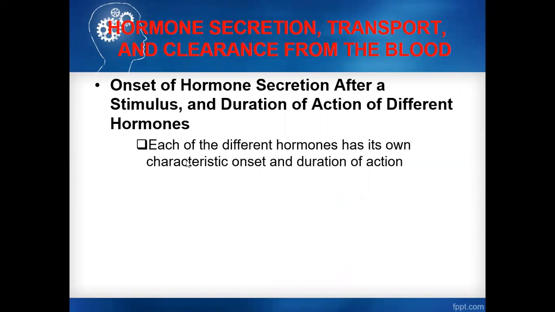For example, amine, peptide, and protein hormones exert their action in a shorter period of time, having a shorter half-life. On the other hand, steroid hormones, being bound to transport proteins, exert a longer duration of action, having a longer half-life.